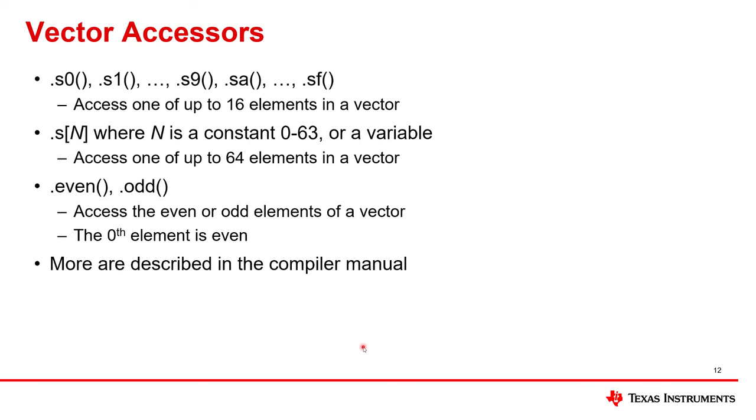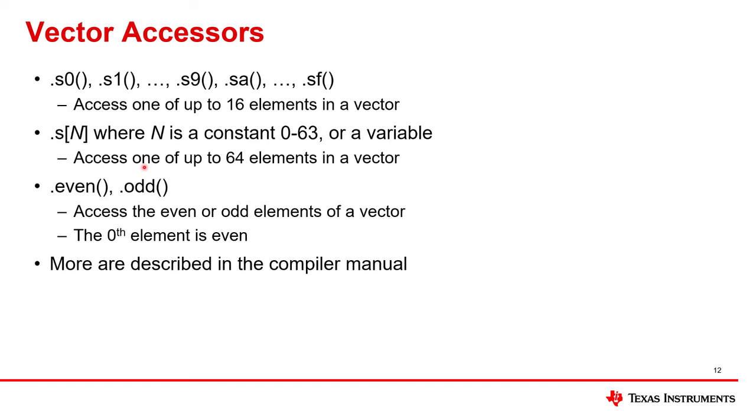Here are a few more vector accessors. With s0 through s9 and a through f, all your hexadecimal characters, you can use these accessors to access one of up to 16 elements in a vector. You can also write .s[n], where n is a constant, 0 to 63, or a variable, and this is how you can access one of up to 64 elements in a vector.